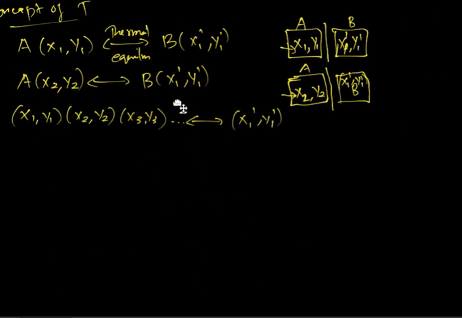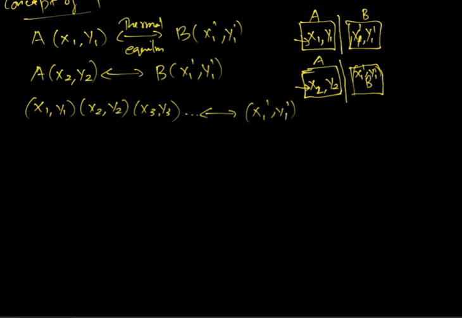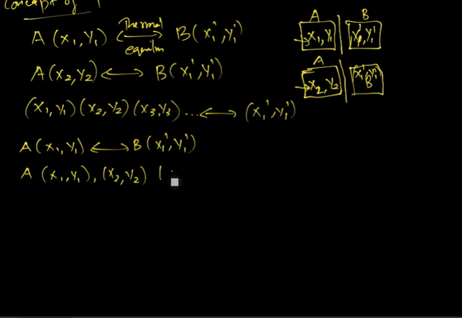So what we are going to define is, if you have a system A characterized by the state x1 y1, which is in thermal equilibrium with another system characterized by the state x1 prime y1 prime, then experiment shows that A can have the states x1 y1, x2 y2, x3 y3, etc., which are in thermal equilibrium with the state B having the parameters x1 prime y1 prime.